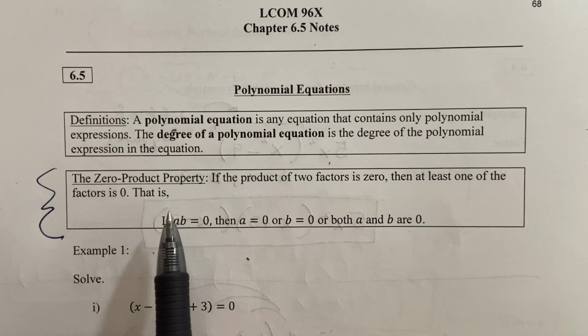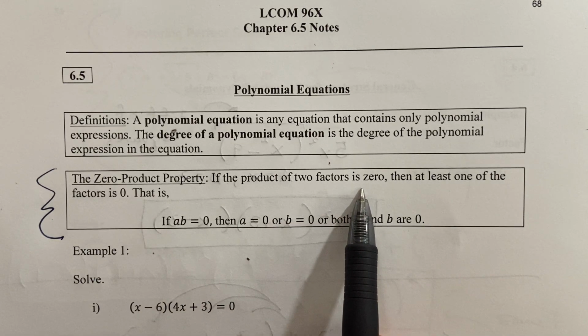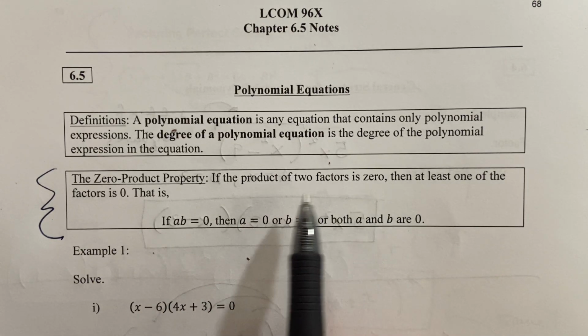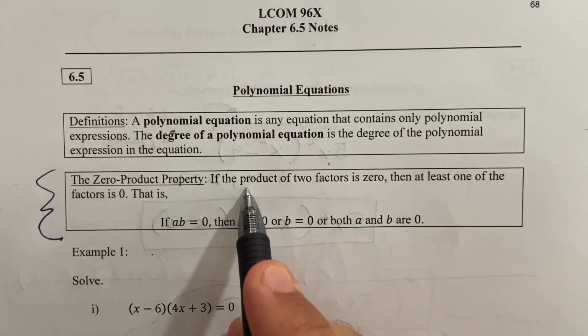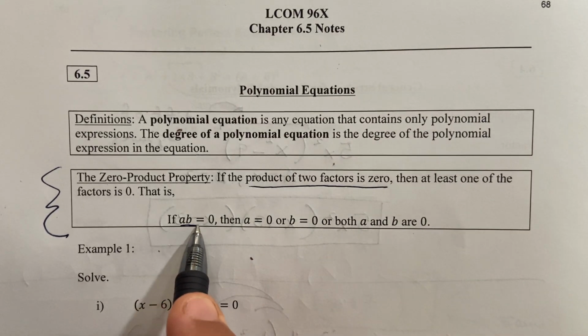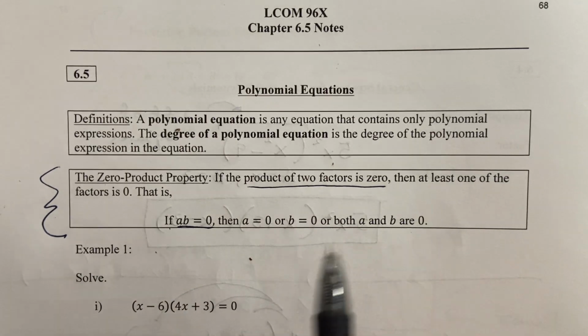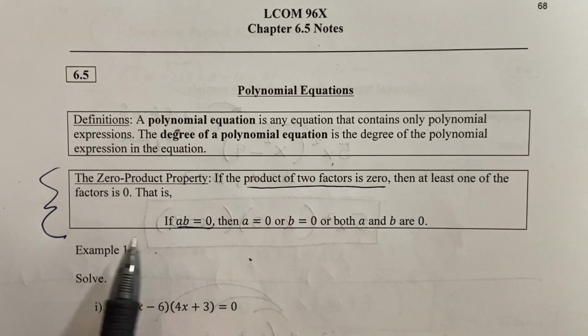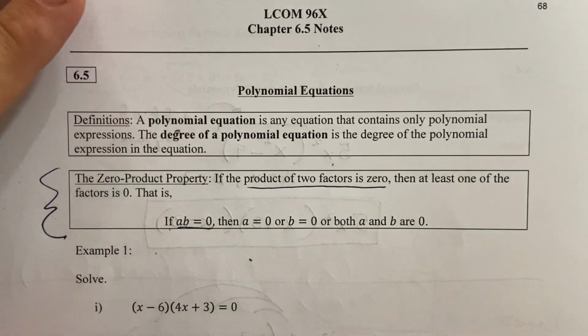So the zero product property says if you have two factors and that product is equal to 0, so if you have a product of two factors set equal to 0, so for this piece, that's right here, right? If this is happening, then at least one of the factors is 0. And it's really as simple as that. But that's a conceptual idea.